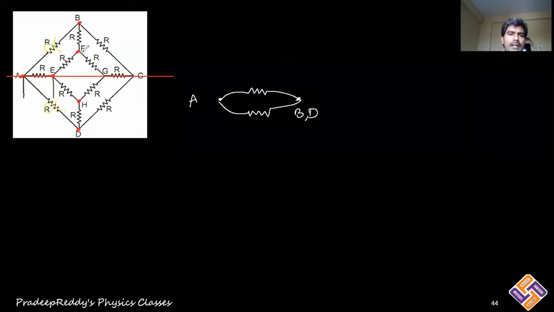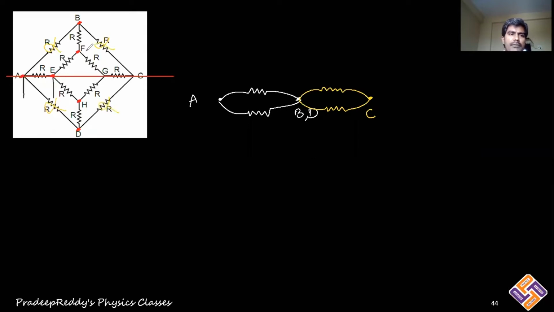Next, from B to C, we have a few resistors. This is C. From B to C, there is one resistor in the upper portion, and in the bottom portion from D to C, there is one more resistor. This part is completed.